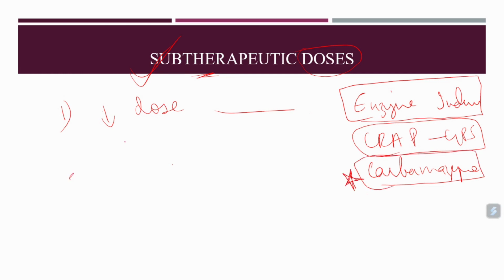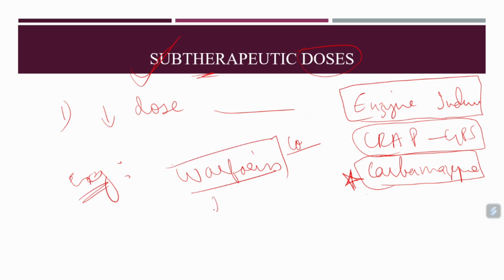Let's take one best example for subtherapeutic dose. There is one drug called warfarin. Warfarin is very commonly used for deep vein thrombosis and for hypercoagulable conditions, for stasis and for many conditions. So just imagine warfarin 2 mg is given, and along with warfarin there is carbamazepine.